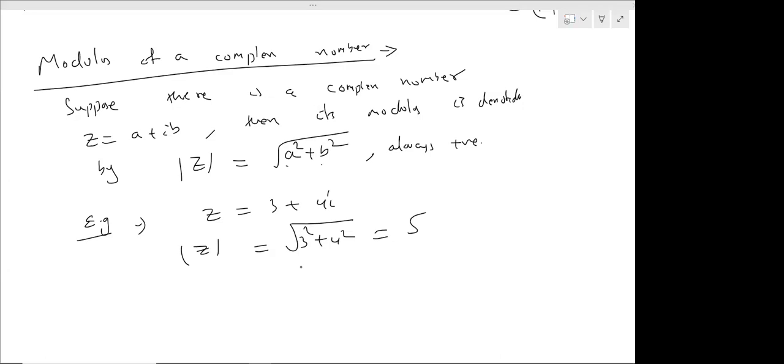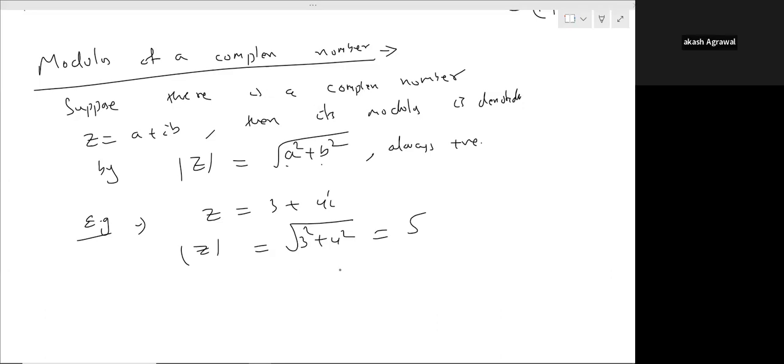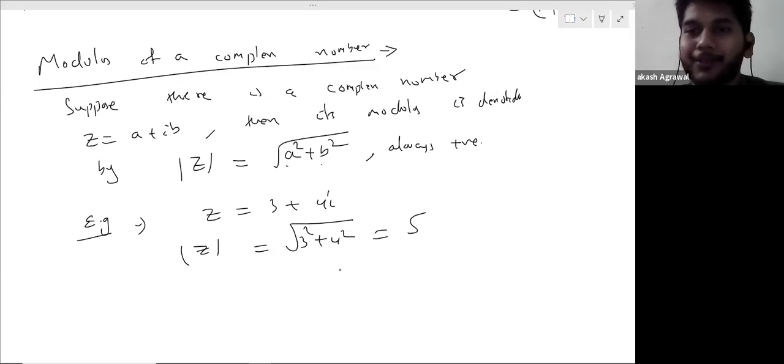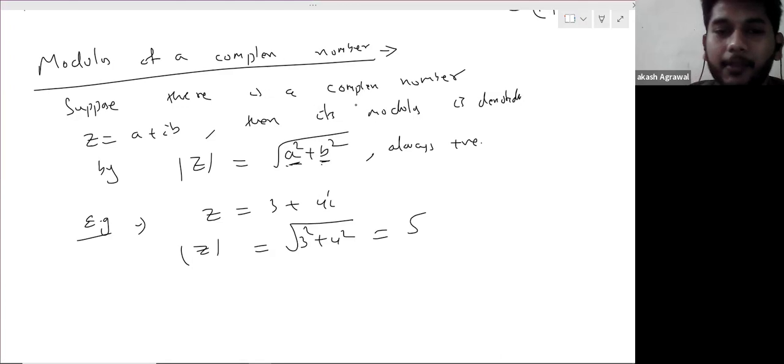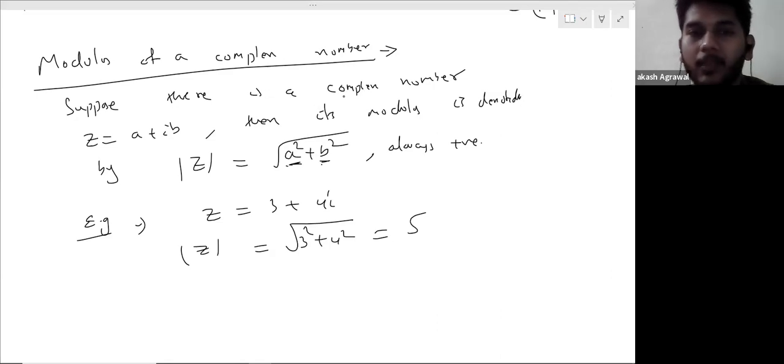I just vanishes like magic. All right, Abdullah, this is real part square plus imaginary part square. Clear?